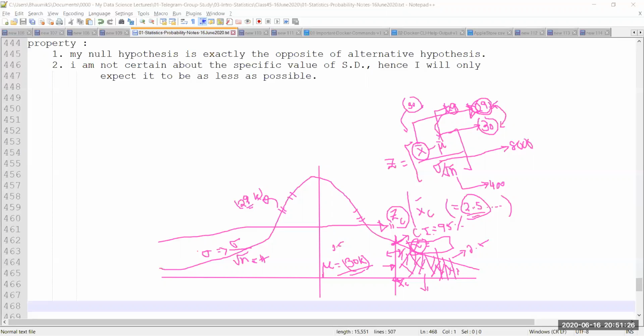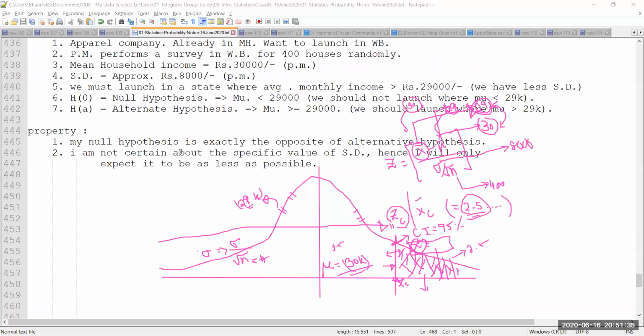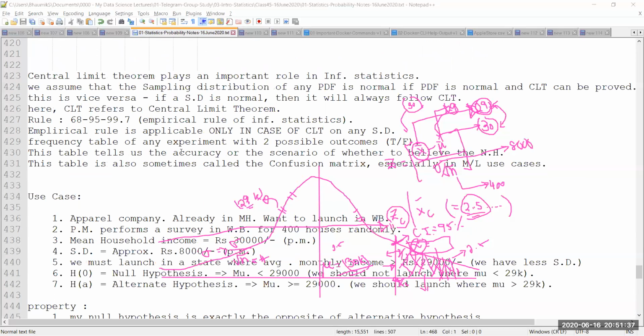Because in the central limit theorem, when we applied the empirical rule, if we looked into this formula, this is mean plus minus 1 standard deviation. This is mean plus minus 2 standard deviations. Anything beyond that is very, very rare.